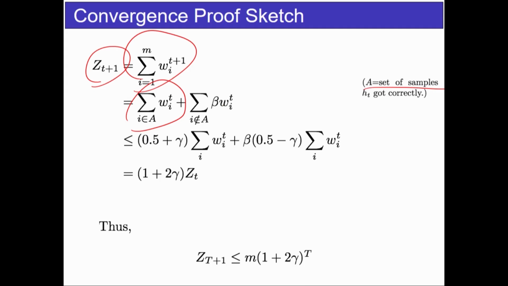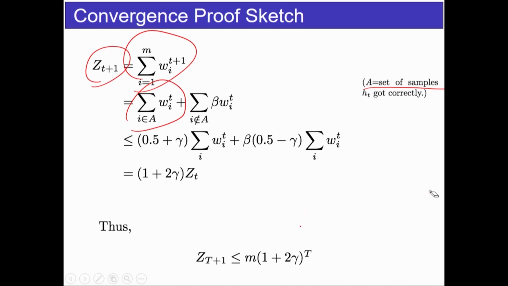And here is where you use the weak learner assumption. If you give a weighted sample to your weak learner, the sum over i belonging to A of w_i is greater than or equal to (half plus gamma) times the sum of w_i.